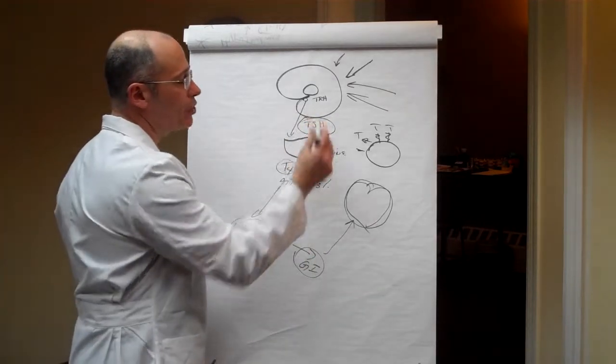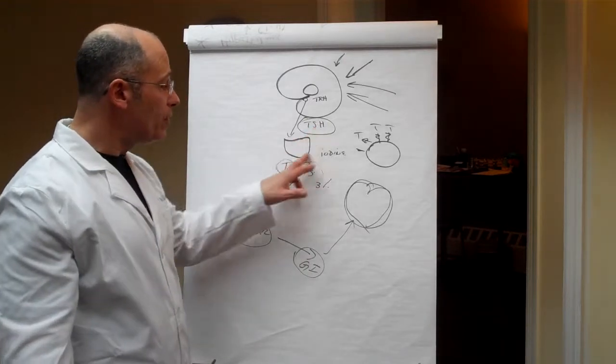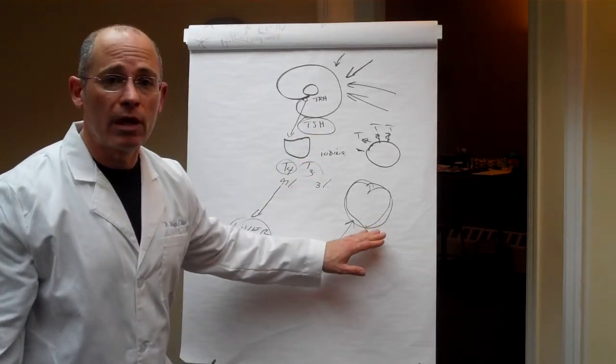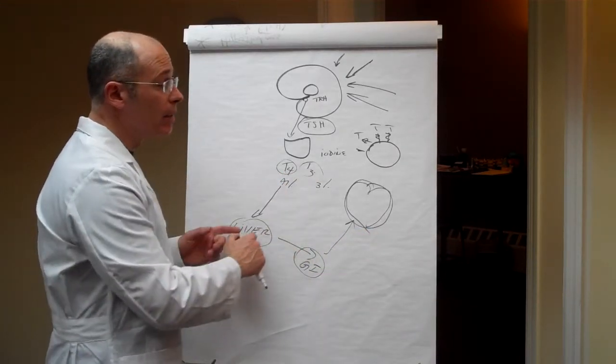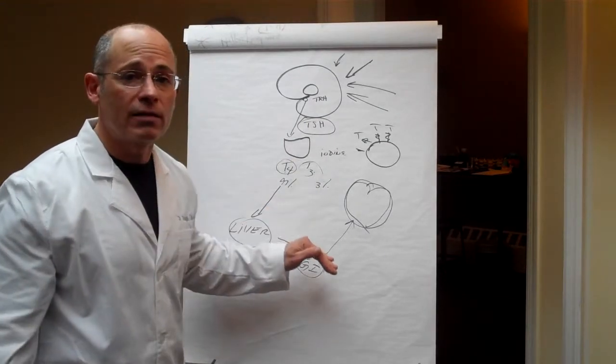This TSH can be normal, but even though this is normal, the mechanisms down here are not working properly. If you cannot convert the T4 into T3 in the liver, it doesn't make a difference that that's okay. You're not getting conversion to active T3.